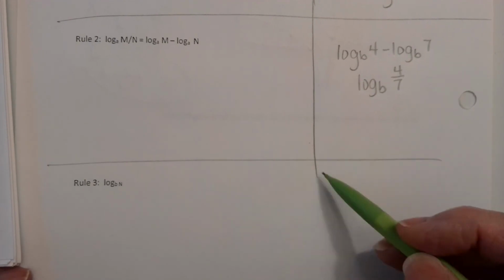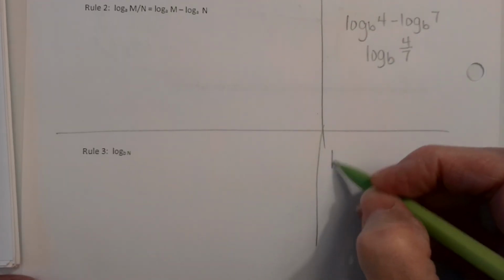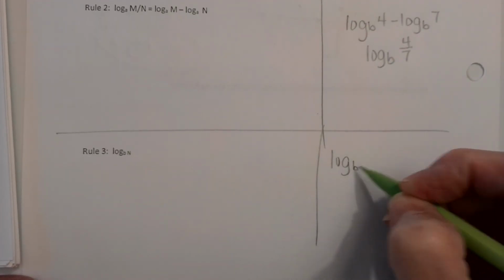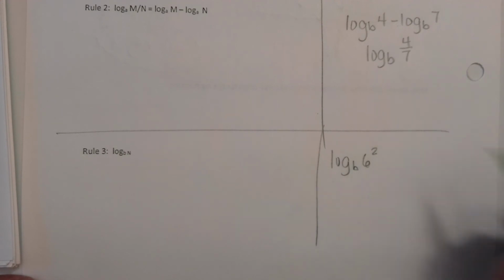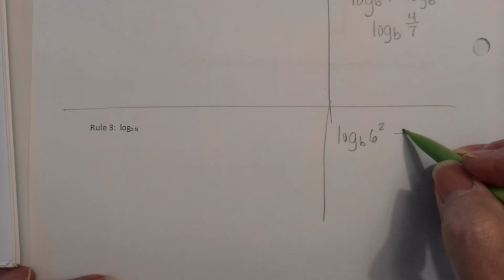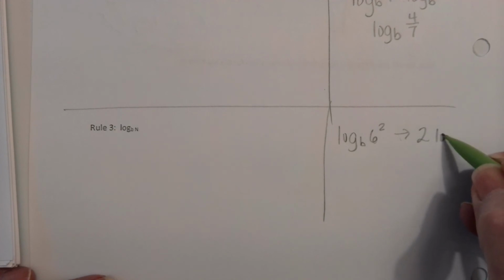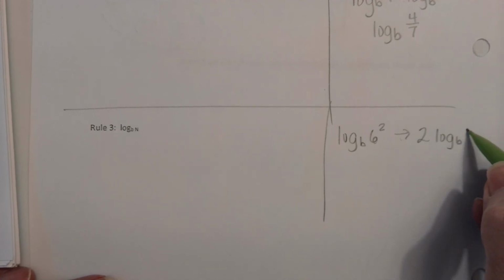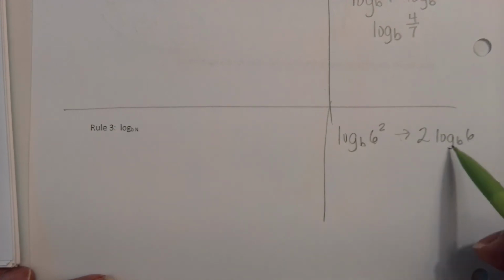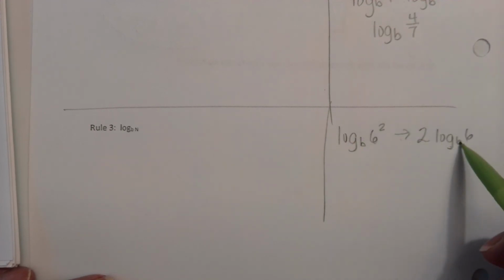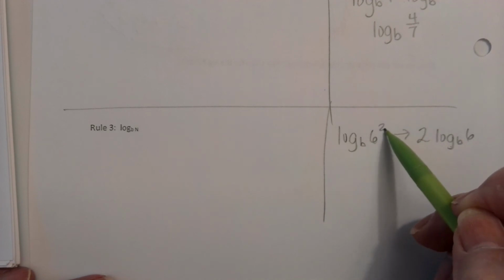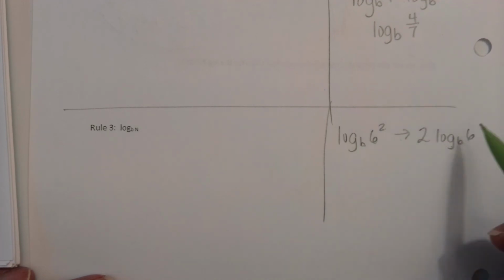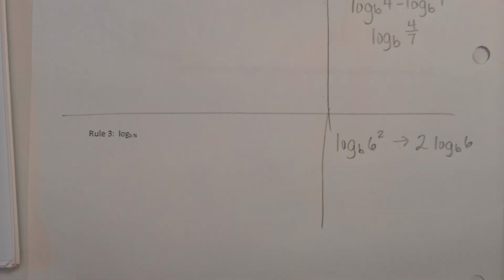And for this one, if you had something like log base b of 6 squared, you could change that to 2 times log base b of 6. Or if you have this one, you can change it to that. So if you have a number multiplying the whole log expression, it can become the exponent. Or again, you can flip it back out the opposite way.